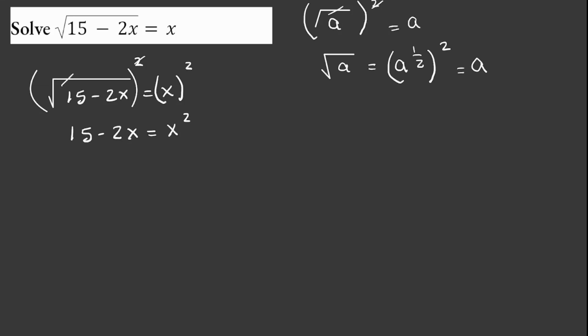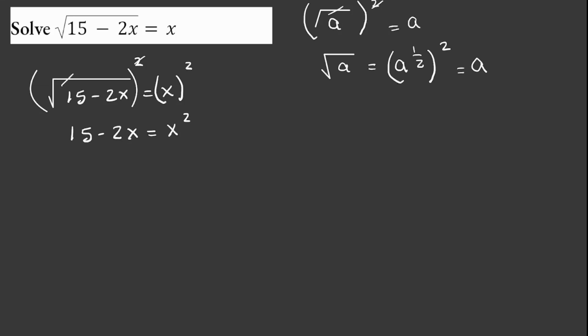Here I have a quadratic function due to the x squared. So the way I'm going to solve this is I have to move everything to one side of the equation, setting the equation equal to 0, and then use the factoring method or the quadratic formula to solve for my x.